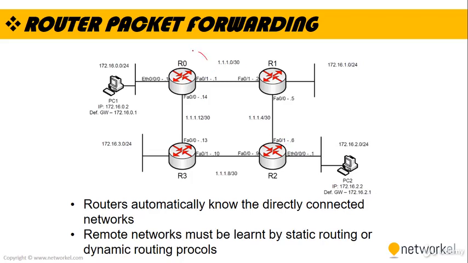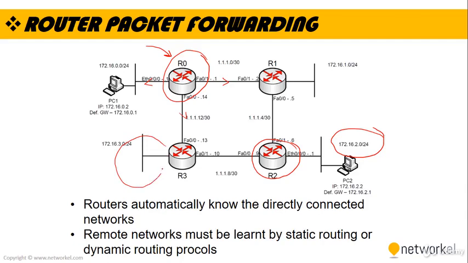For example, if router 1 wants to communicate with router 2, I'm gonna go to router 0 and tell this guy, hey dude, if you want to communicate with this network, for example, because this guy knows the directly connected interfaces automatically, and this guy does not know anything about here, and here, and here also.